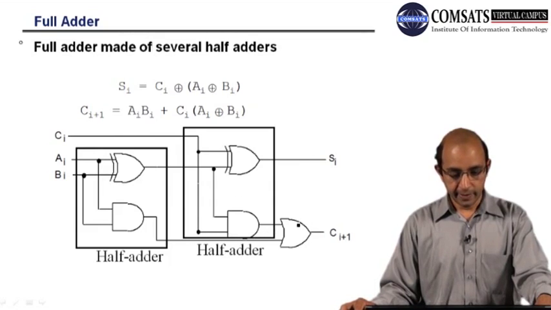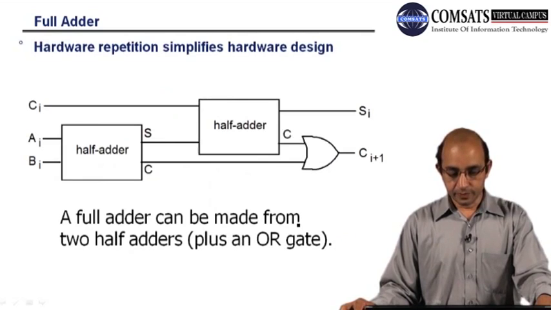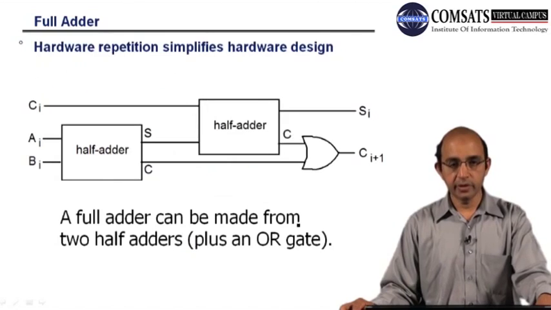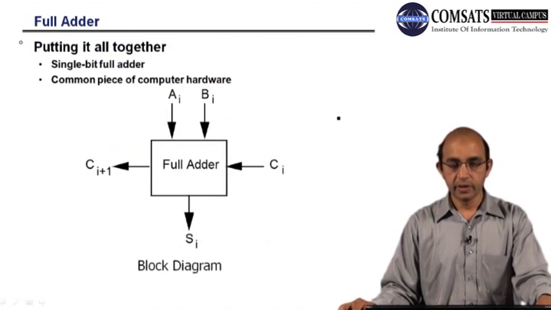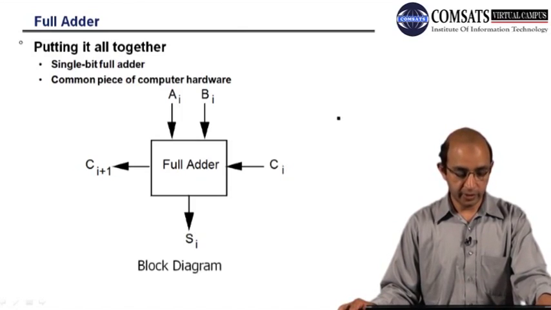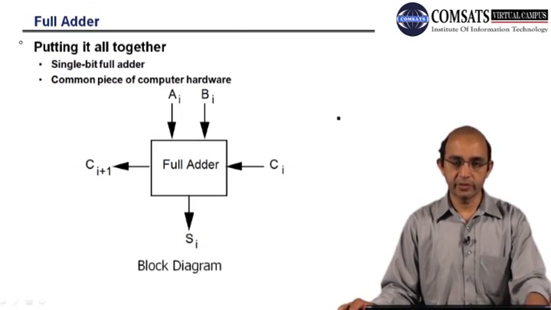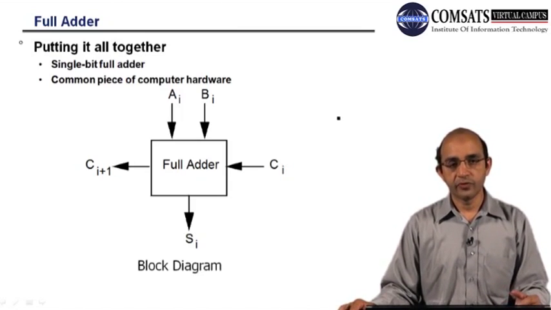Okay, now this is the block diagram. You can see that the two half adders are cascaded and we have the full adder. But the problem over here is that even this full adder can only add 2 bits. So I have to do something else in order to have a full adder for 2 binary number addition, right?